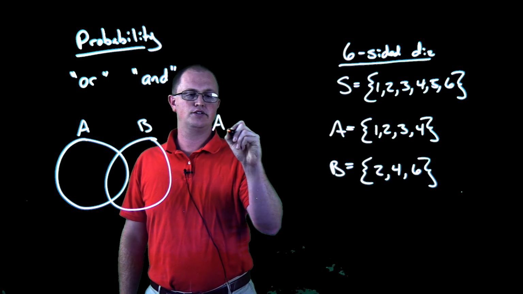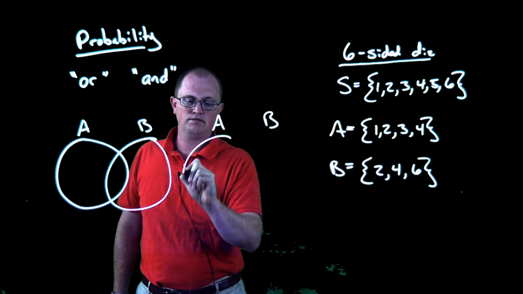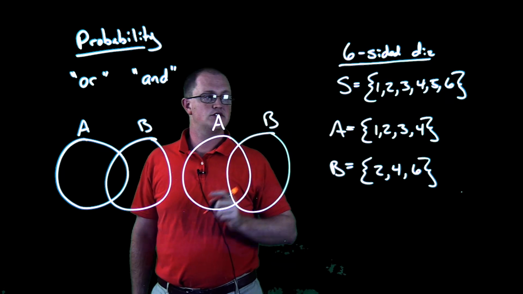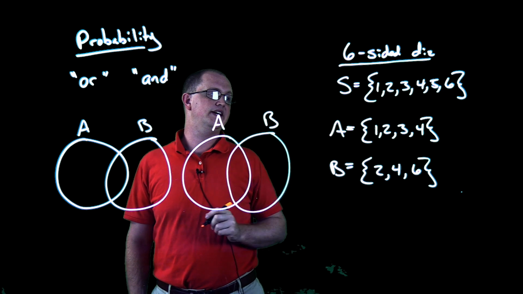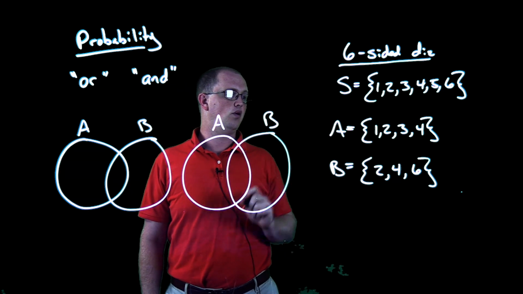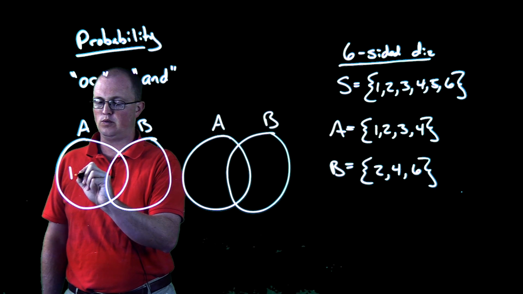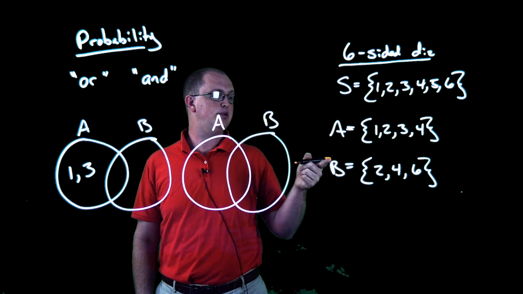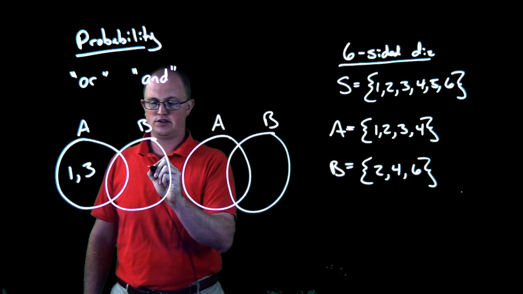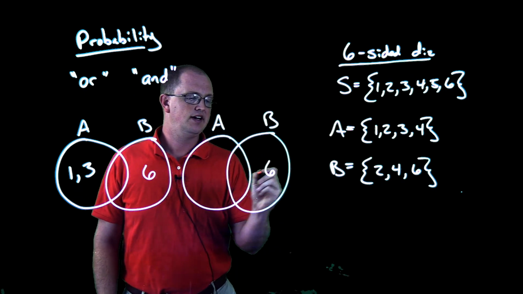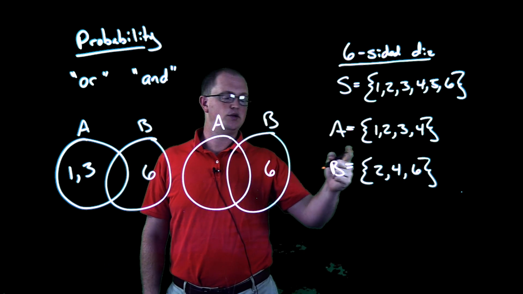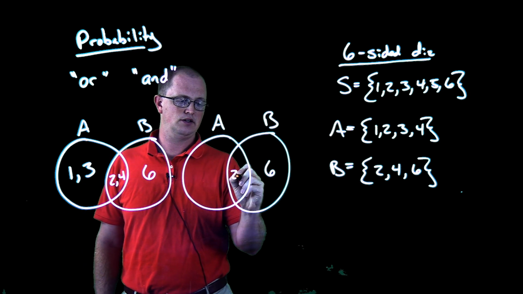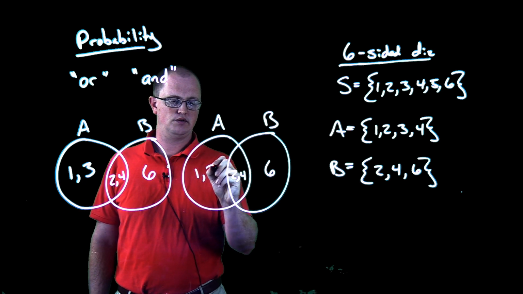Since I want to compare two different combinations, let me draw two Venn diagrams. The outcomes that appear only in A are 1 and 3, so let's put 1 and 3 over here. The outcomes that appear only in B are just 6. And the outcomes that appear in both are 2 and 4. I forgot to put 1 and 3 in here.